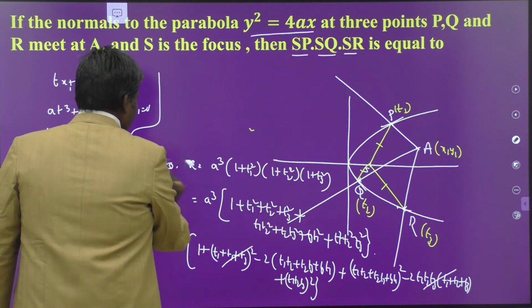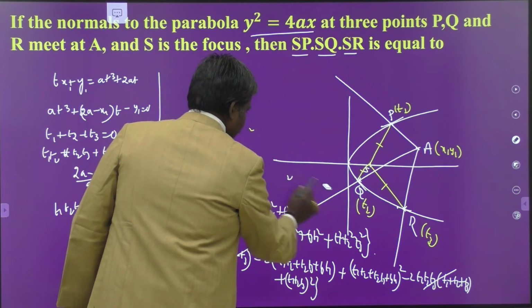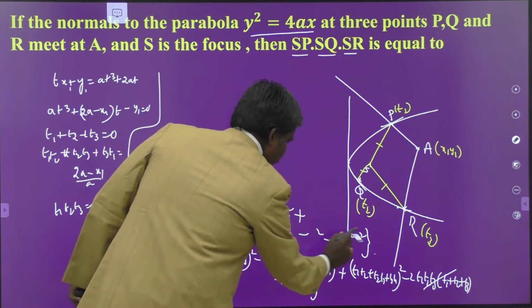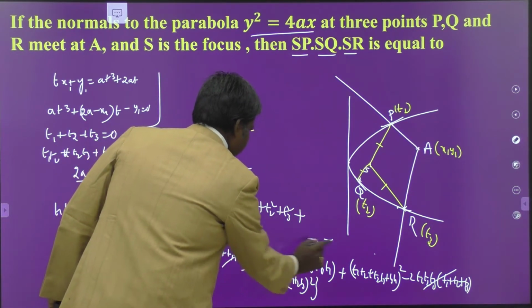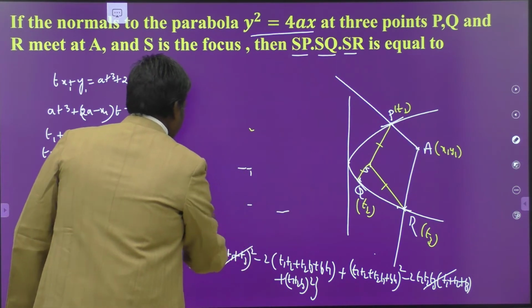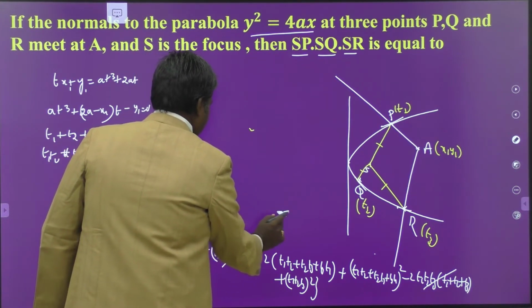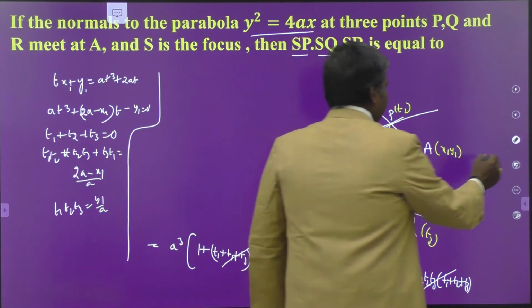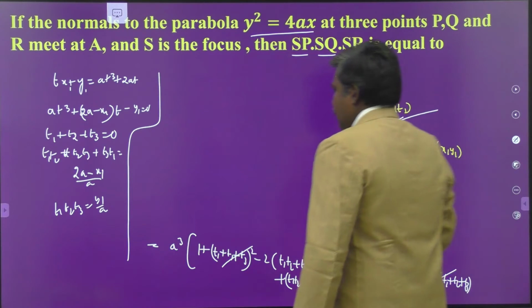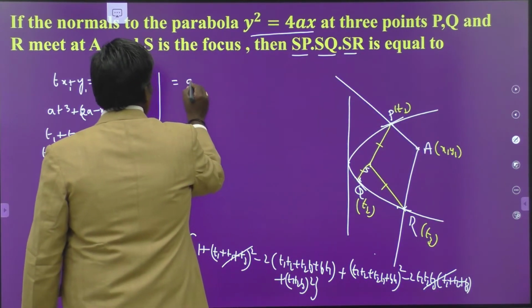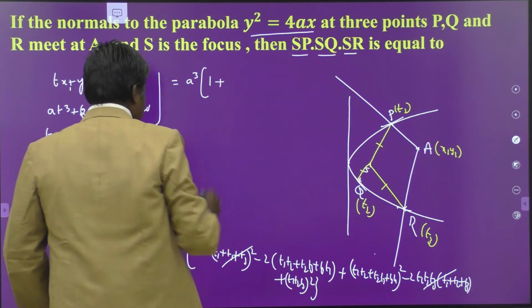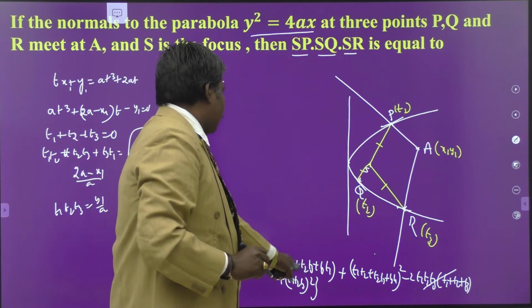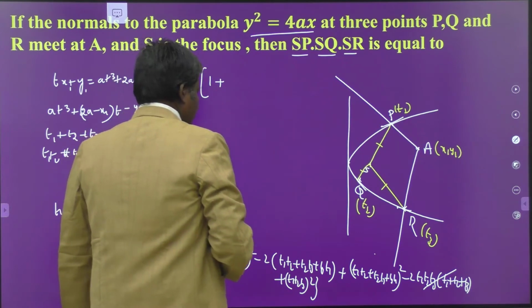So I write this portion also. Now we write the value, that is equal to a cube times of 1 minus 2 times (t1 t2 plus t2 t3 plus t3 t1).